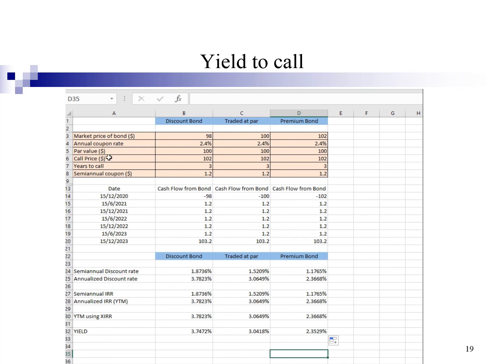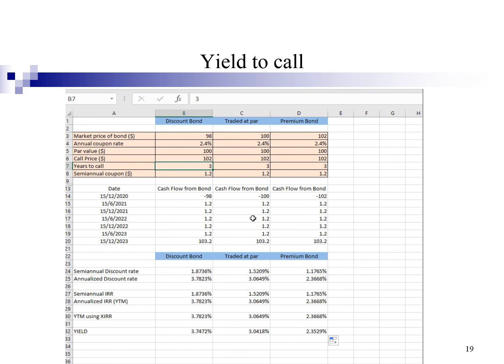The call price is 102. So I have added a row for call price. The call date is 3 years from now, so I have adjusted a row for the number of years to call date. I have also adjusted the cash flow table.